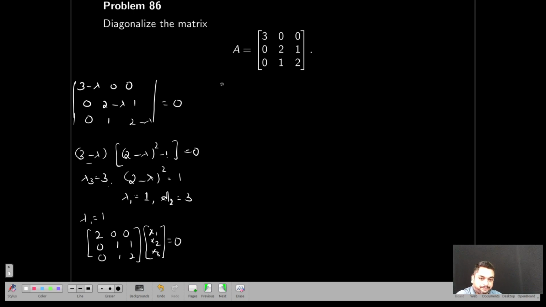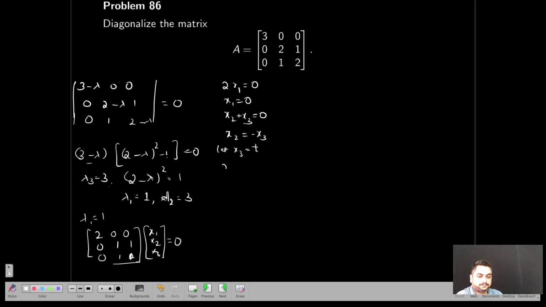This will become 2x1 equal to 0, so x1 equal to 0. Then x2 plus x3 is equal to 0. The last row also becomes x2 plus x3 equal to 0, that is x2 equal to minus x3. Let us put x3 equal to t.